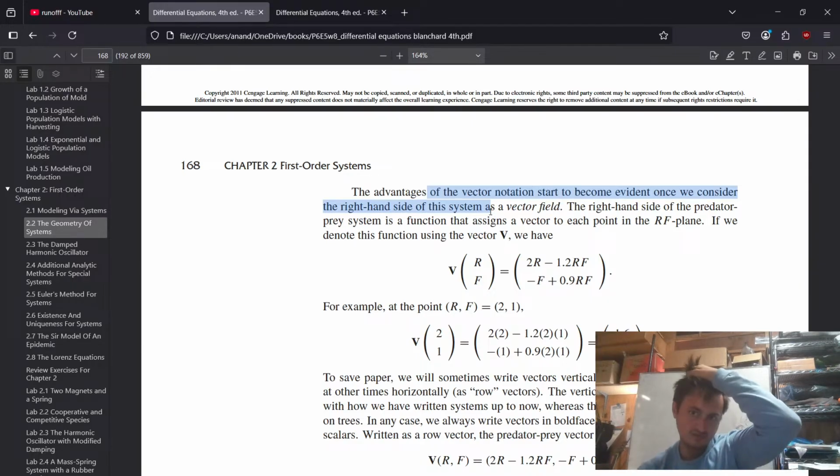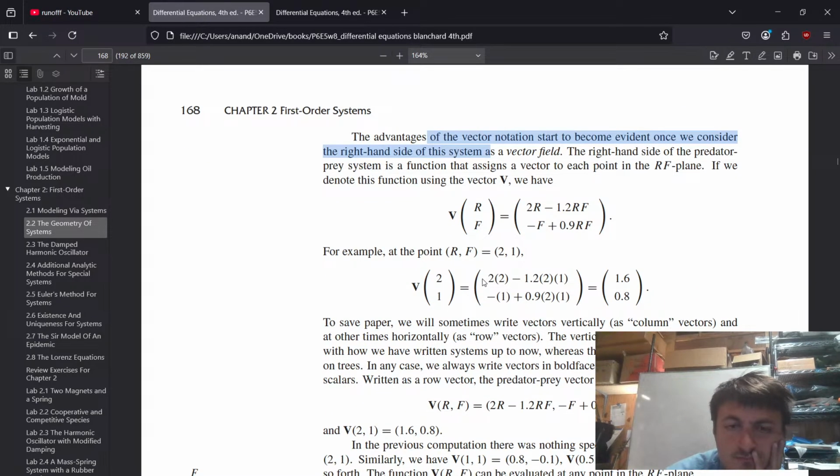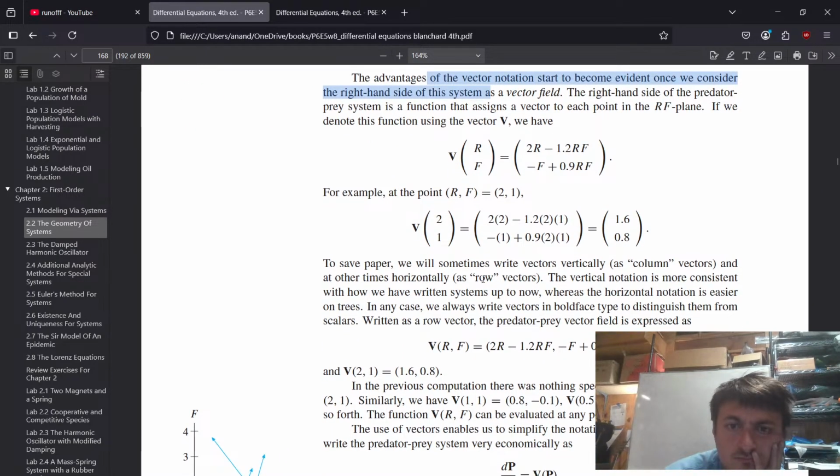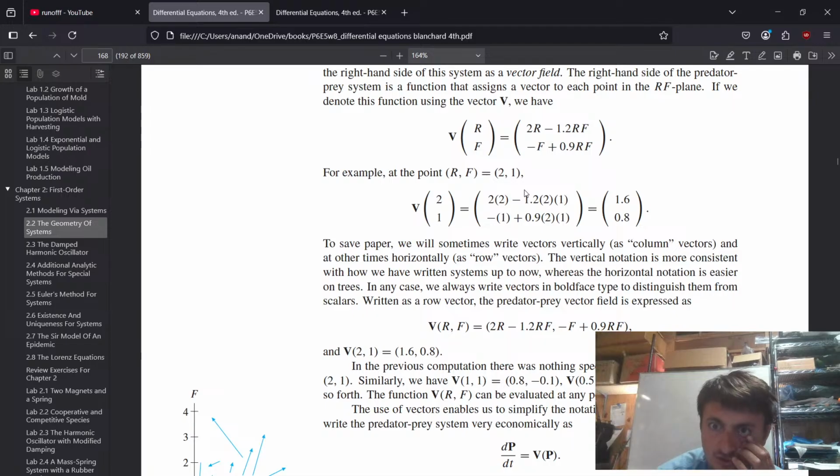If we denote this function using the vector V, we have V, for example, at the point RF equal to 2, 1.